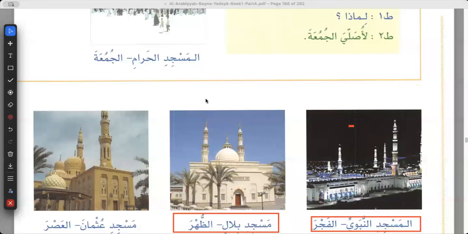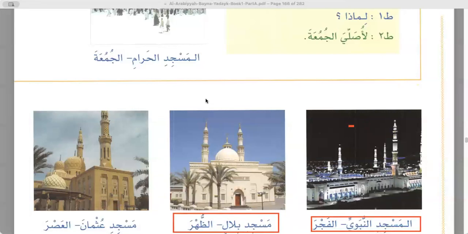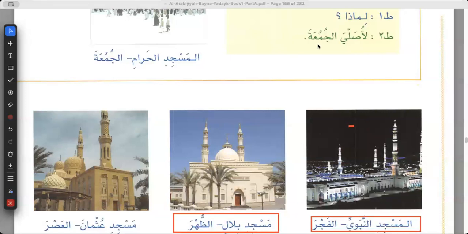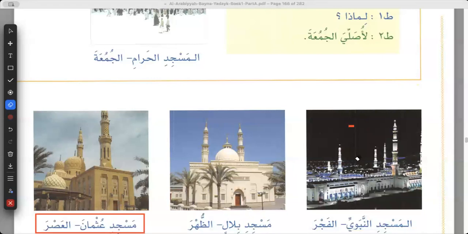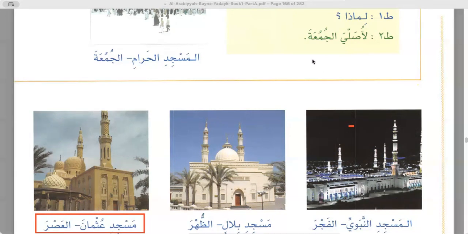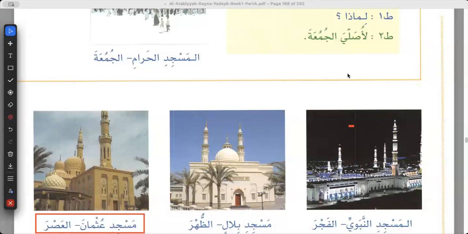Unmute, okay. I'm here. Where are you going? I'm listening now. Sheikh, I can't read this thing now. Assalamu alaikum. Wa alaikum assalam. We are on the third picture. Masjid Uthman al-Asra.